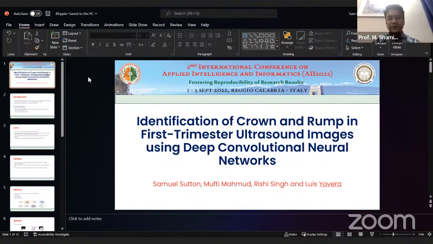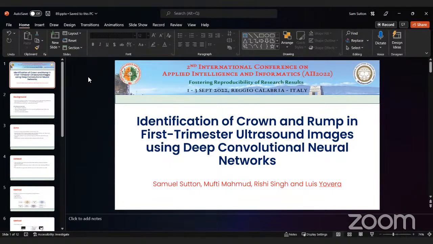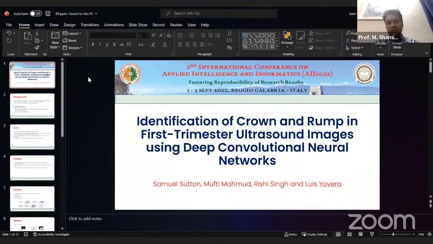What is the size of your image? Size of the image? After segmentation, it's 256 by 256. Do you think by this we will get better accuracy?